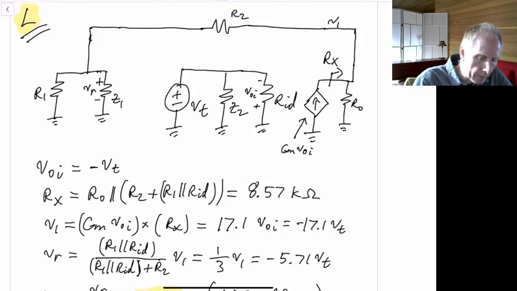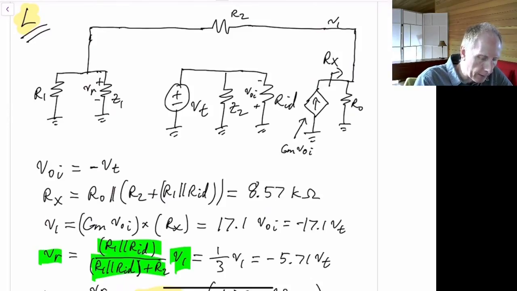Now going from V1 to VR, it's just a resistor divider, where it's R1 in parallel with Z1, divided by R1 in parallel with Z1, plus R2. So we have that VR is just this resistance divider times V1.